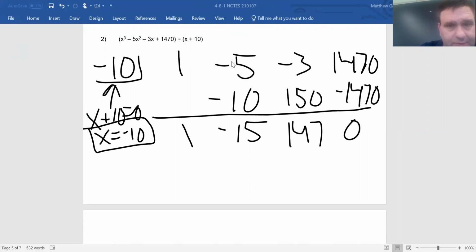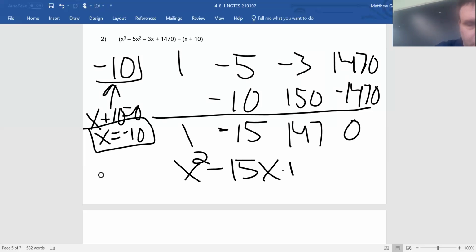We know negative 10 minus 5 is negative 15. So that's not too bad. Negative 15 times negative 10 is positive 150. Added to 3, negative 3 is 147, and that's not too bad. And even the multiplication of these two integers, 147 times negative 10, it comes out to negative 1470, but it's going to cancel out. Okay. So our quotient is x squared minus 15x plus 147. Okay.